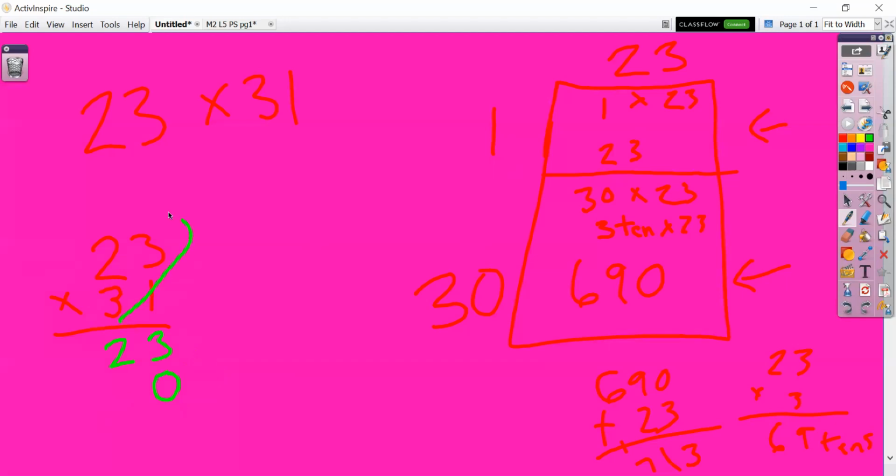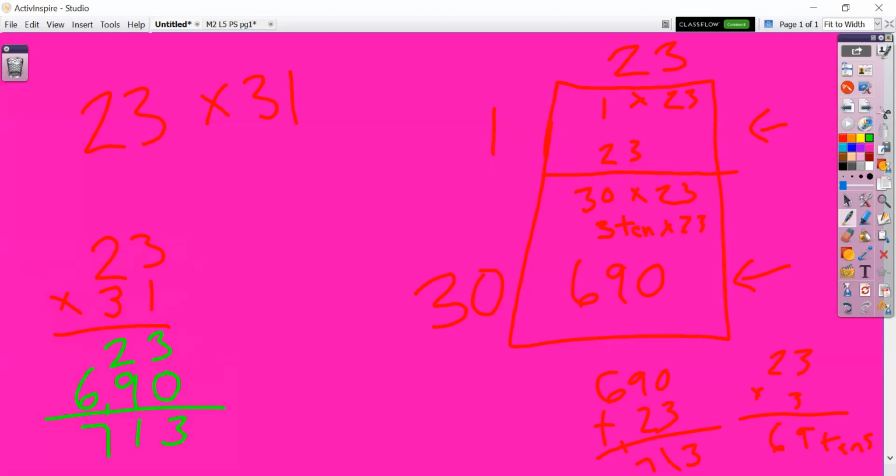So now that we can do that, now we can do 3 times 23, but first we'll do 3 times 3, which is, whoops, I didn't mean to do that. Sorry, guys. 3 times 3 is 9. And then 3 times 2 hundreds is 600s. So then we're going to do 2 plus 9 is 11. And 6 plus 1 is 7.